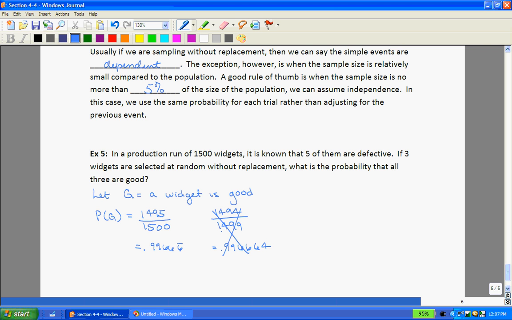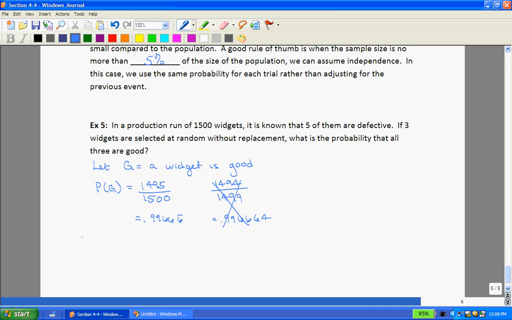So instead of doing that, we just treat it as independent. So essentially what we're finding is the first one is good and the second one is good and the third one is good. Assuming independence, we can just multiply the probability that the first one is good times the probability that the second one is good times the probability that the third one is good.